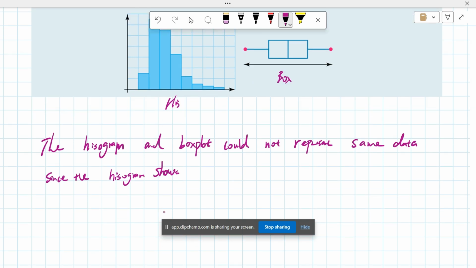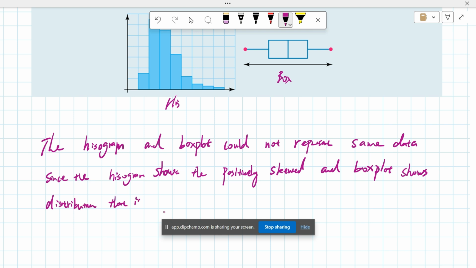So hopefully the distribution of the scores, we can say it's positively skewed, and the box plot shows the distribution that is approximately, well, that's a big word, approximately symmetric.